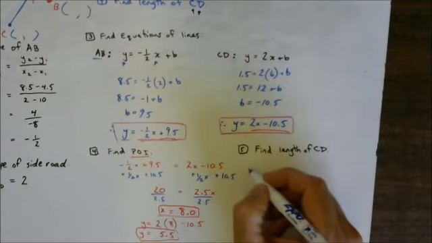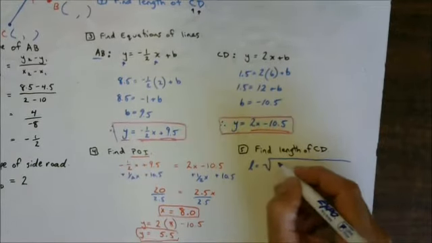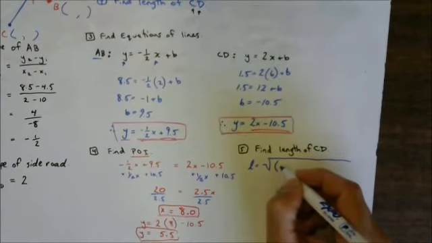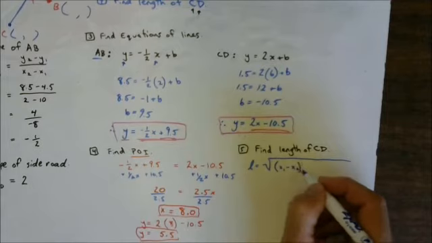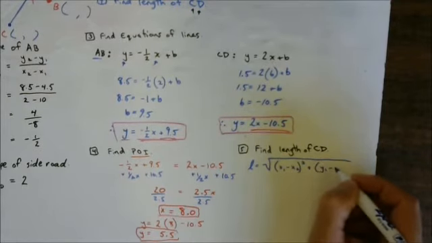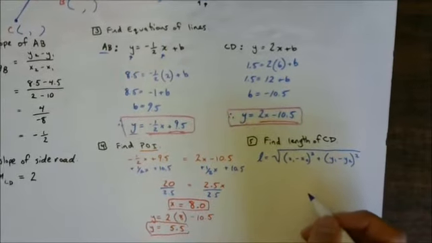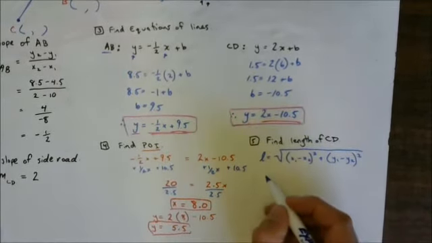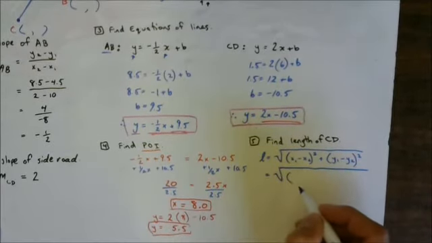So our length formula or our distance formula, we can rewrite it. It's x1 minus x2, or you can do x2 minus x1, plus y1 minus y2, as long as you're consistent. Plug in the coordinates for C and D underneath the radical inside these groups.